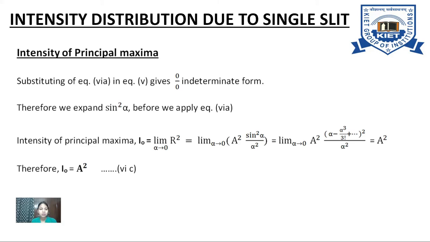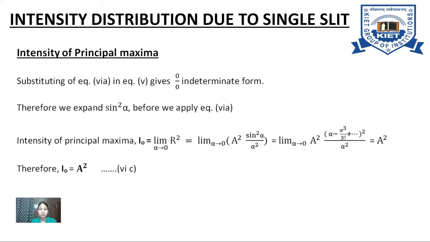The intensity of principal maxima I0 for us now is equal to limit alpha tends to 0 R square, which is equal to limit alpha tends to 0, putting the value of R square, A square sine square alpha upon alpha square.